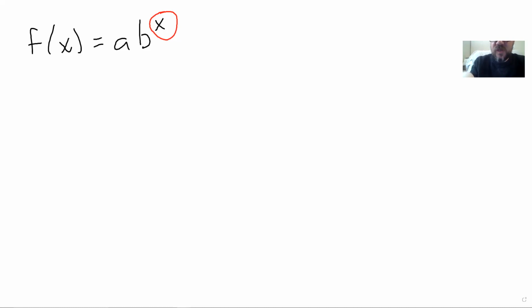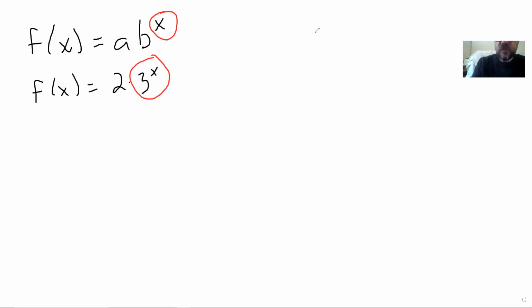Exponential functions behave quite differently than the functions we've talked about so far, primarily polynomials and linear functions. So just as a quickie example, let's say I have f of x equals 2 times 3 to the x. Now, according to PEMDAS, we do the 3 to the x first, right? Because that's an exponent first before we multiply.